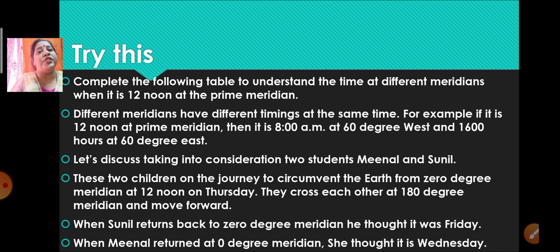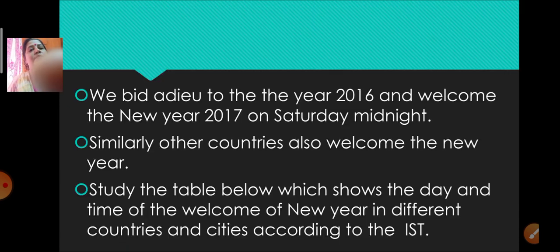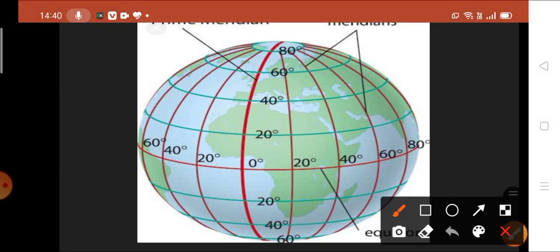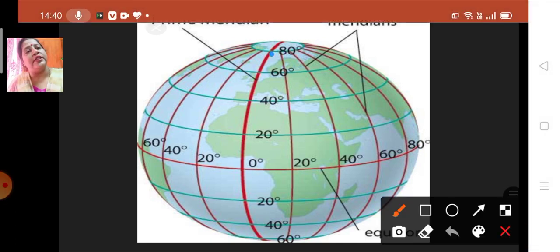The meridian which is just opposite to the 0 degree meridian is called the 180 degree meridian. I'll show you the globe. Children, you can see over here, this part is your 0 degree meridian, correct?